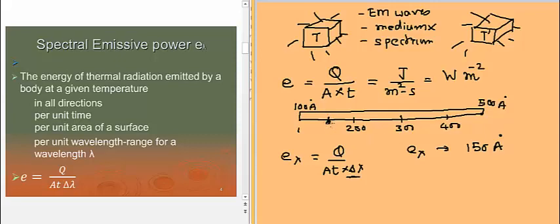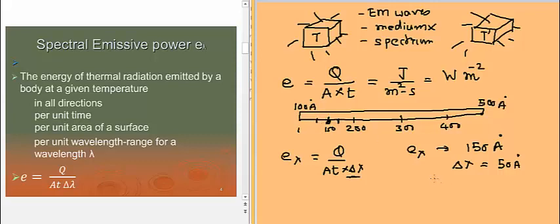Now, instead of finding out the emissive power exactly at 150, what we do is we take a range. Let's say I take delta lambda, the range, as say for example 50 angstrom, and that would mean 25 on the left hand side of 150 and 25 on this side.